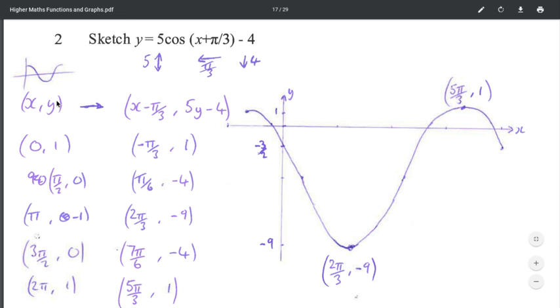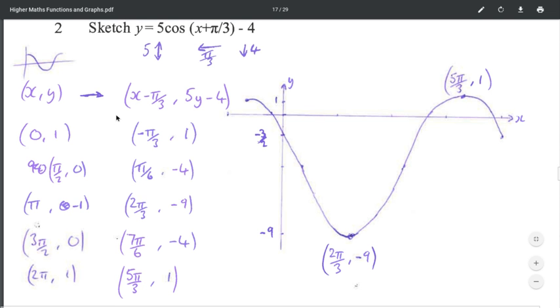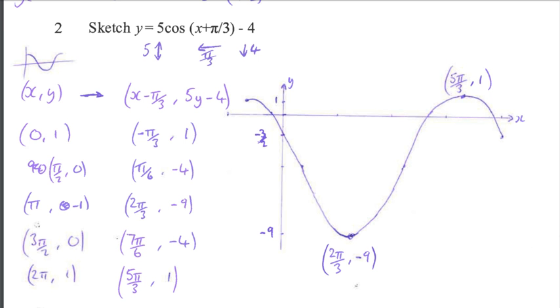So take the key points on the cosine curve. We've got 0, 1, we've got pi by 2, comma 0. Remember, it is a radian question, so don't do as I've done there. I tried to write 90, comma 0 to start with. Then we've got pi, comma negative 1, which is normally 180, comma negative 1 if we're writing in degrees.